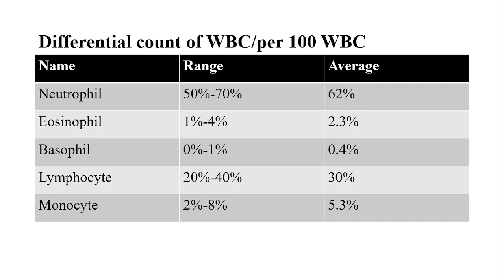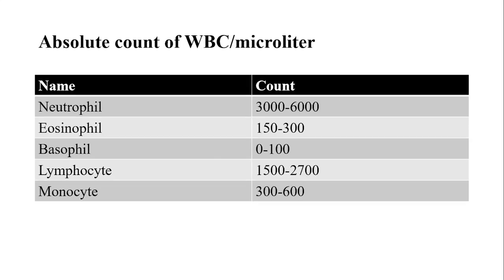These are the differential count of different WBC. These are very much important. You have to remember these very carefully. And these are the absolute count of WBC. The absolute count means actual count per microliter.